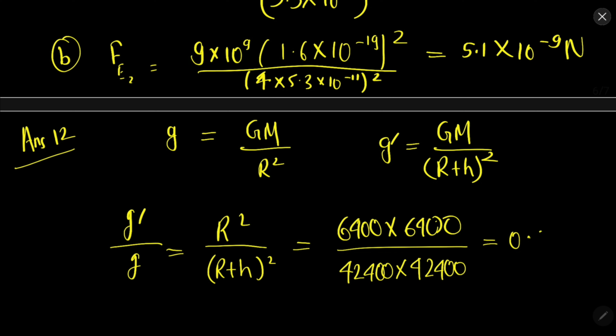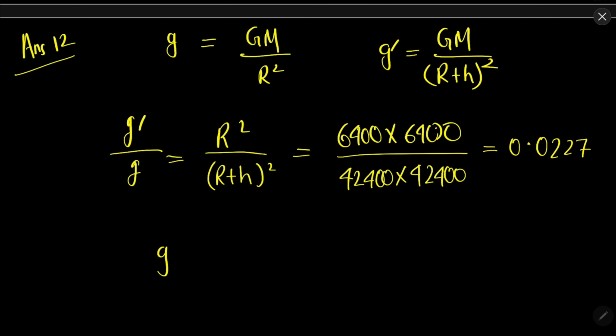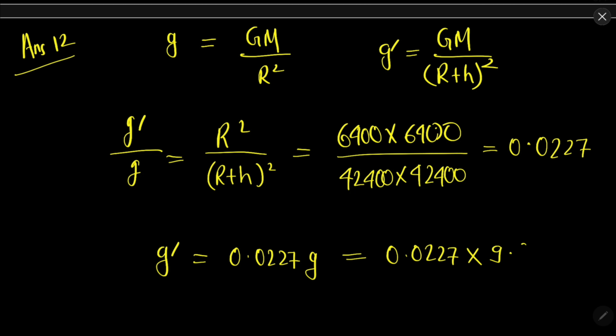So this will approximately be equal to 0.0227. So g dash will be 0.0227 into g, 0.0227 into 9.8. So g dash will be approximately 0.223 meter per second square.